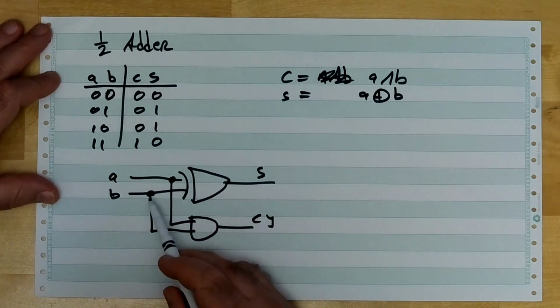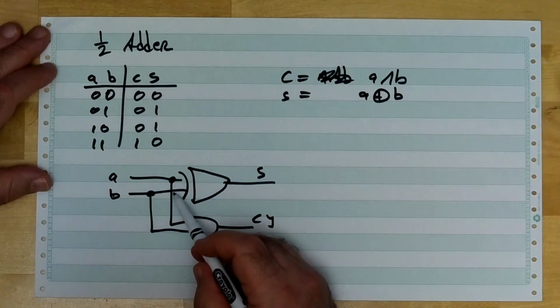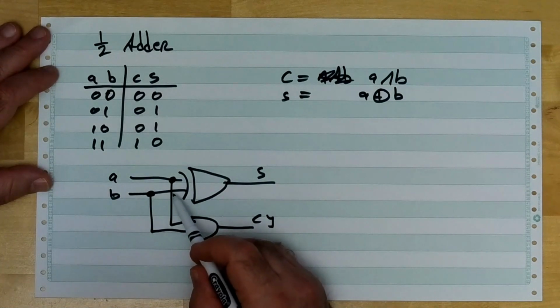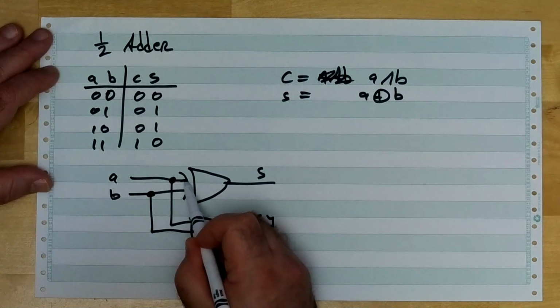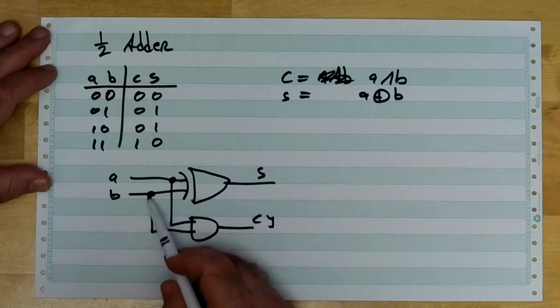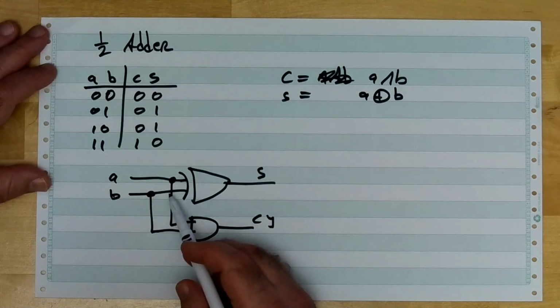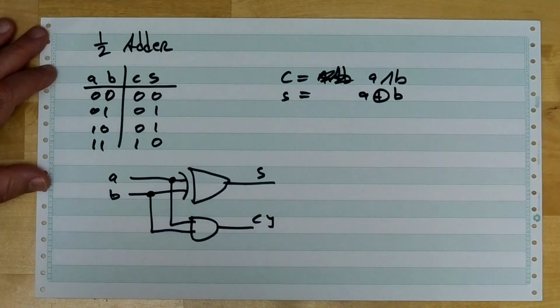You'll notice I put a dot when things connect, and when they cross each other like they do right here, there's no dot there. Those lines are not connected. So A goes into the XOR gate, and it also goes to the AND gate down here. And B goes to the XOR gate, and B comes down here. You can cross the wires all you want, but only when there's a dot does it matter.